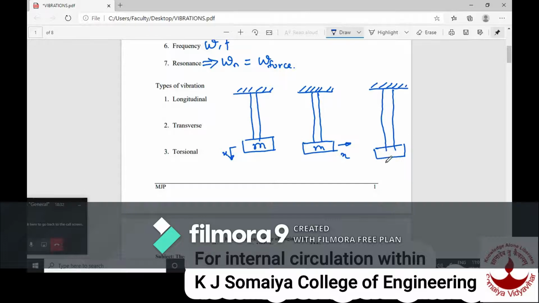So when there is torque acting on this, or we can call it moment, in that case the motion in longitudinal and transverse vibration is denoted with x. Here in case of torsional vibration, the motion is denoted with theta.